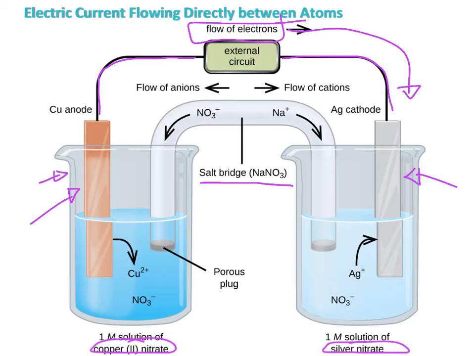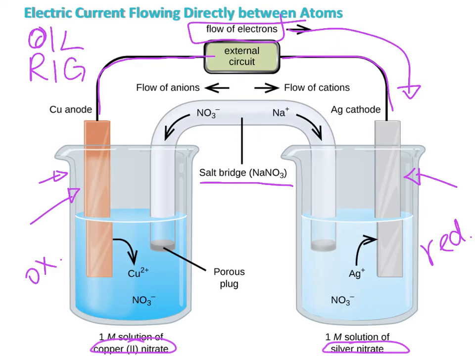Anywhere electrons are flowing away from, remember OIL RIG, oxidation is losing. So on this side we have our oxidation half cell. On this side we have our reduction half cell because electrons are going towards it, so it's gaining.